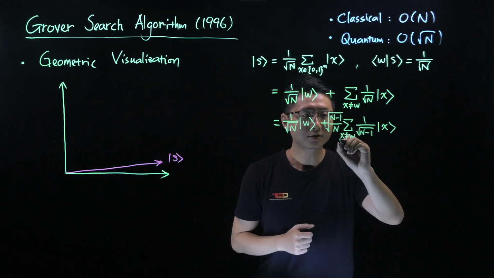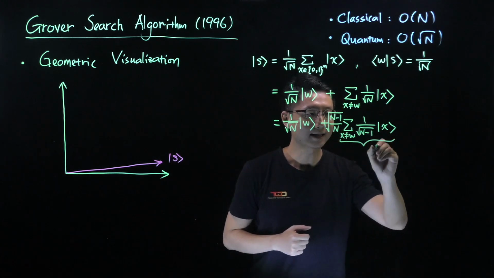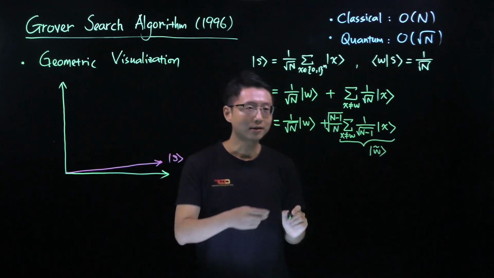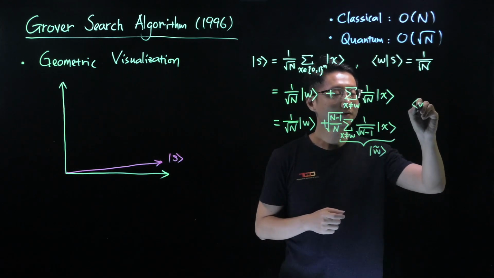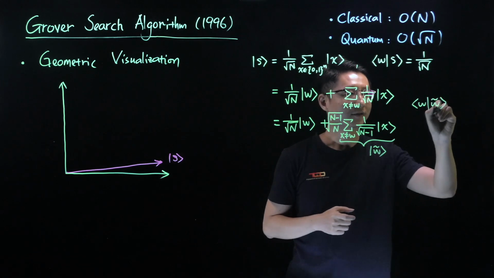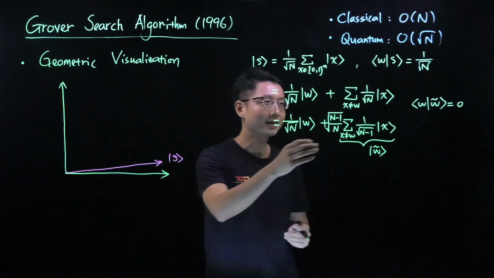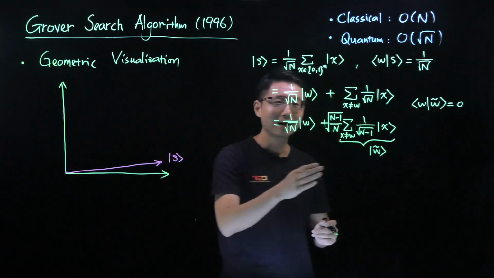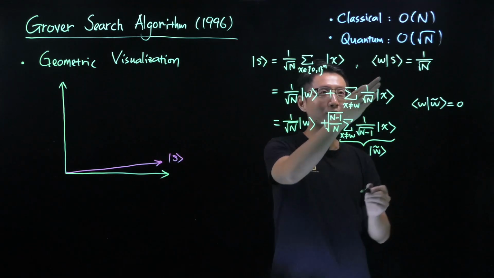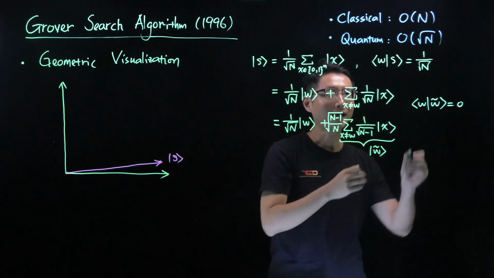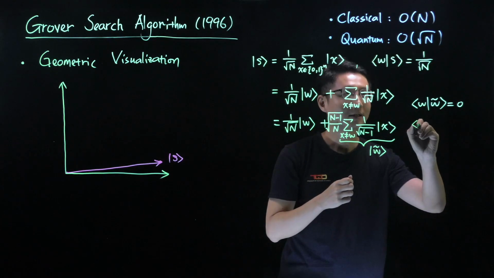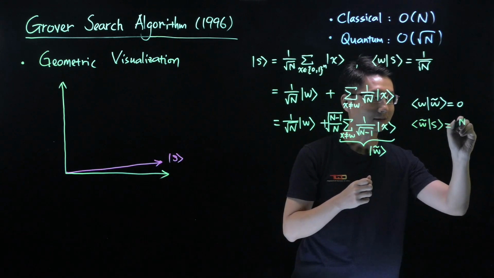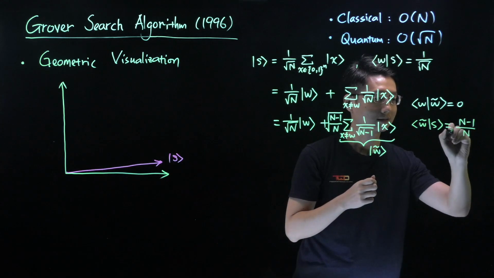And I will just denote this part as W tilde. So here you can see that the overlap of W and W tilde is equal to 0 because W is orthogonal to each of the components in W tilde. And the overlap between S and W is 1 over square root of n, and the overlap between S and W tilde is the square root of n minus 1 over n.